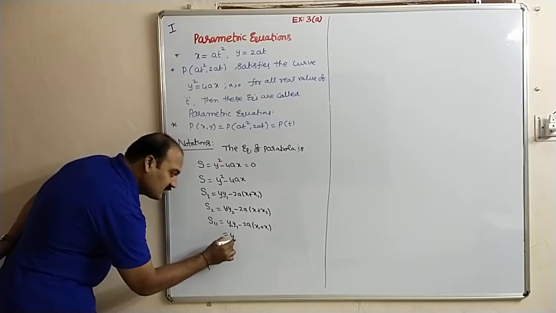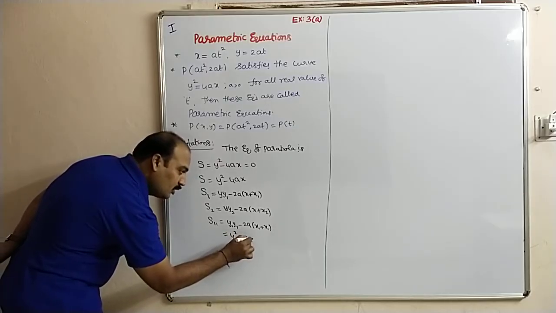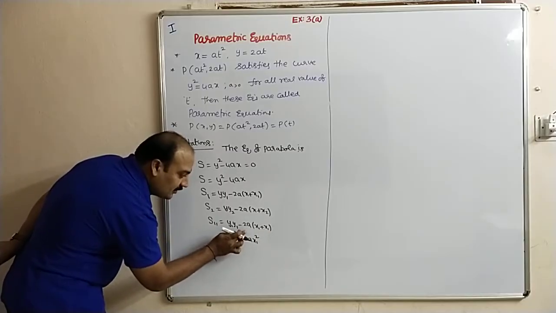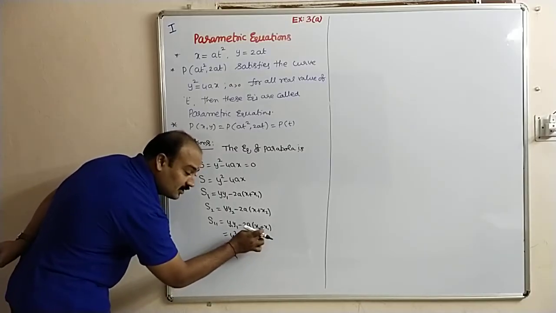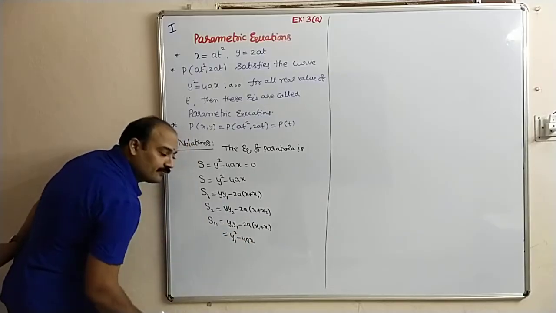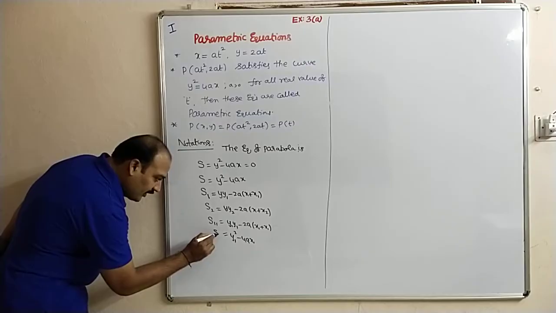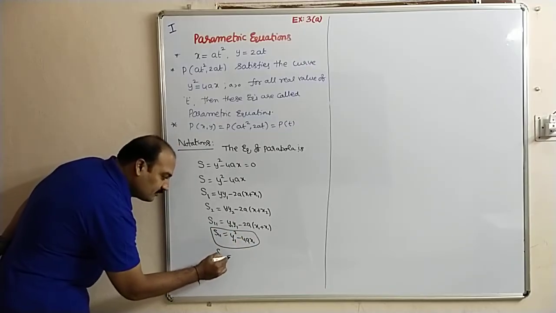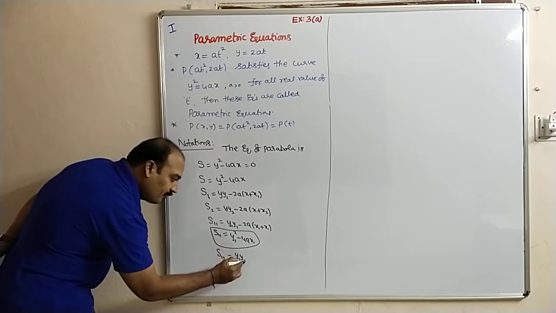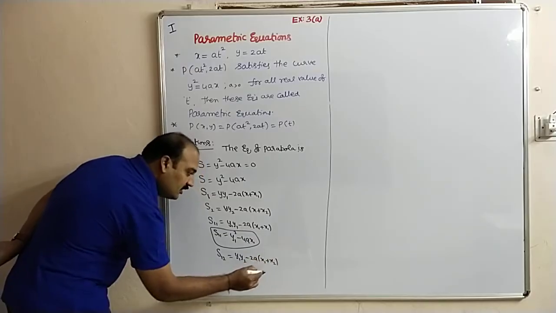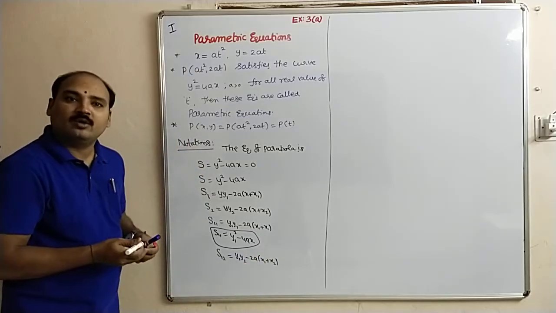We can write it as y1 square minus 2a into 2x1, so ultimately it is 4a x1. This is about S11. And S12, we can write as y1 y2 minus 2a into x1 plus x2. These are the notations in parabola.